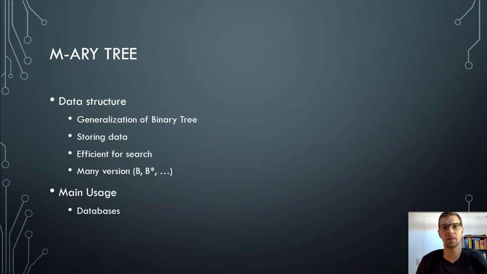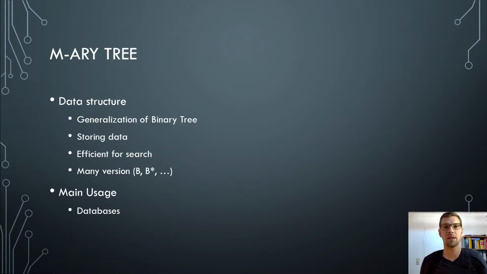But that is only one example. There are so many examples. It is incredible how many good applications we find for M-Ary trees. And as I said already, the binary tree is one of those, and that is usually the basic example.